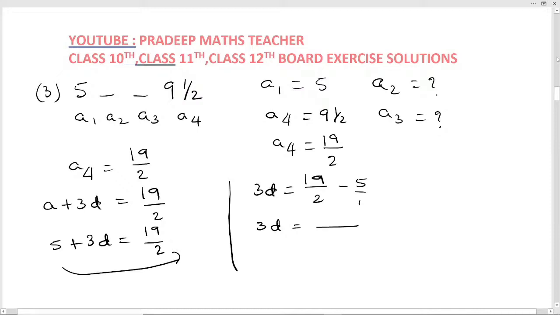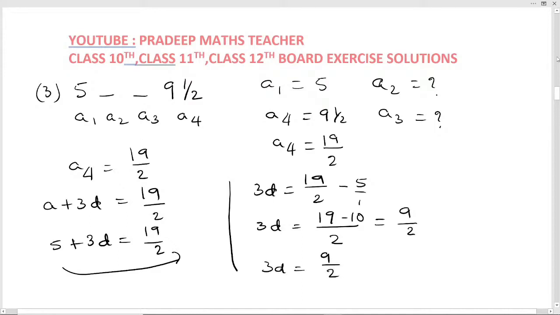The LCM will be 2. Now 2 1s are 2, 19 ones are 19, minus 1 2s are 2, 5 2s are 10. So 19 minus 10 is 9 by 2. The remaining will be 3d equals 9 by 2.